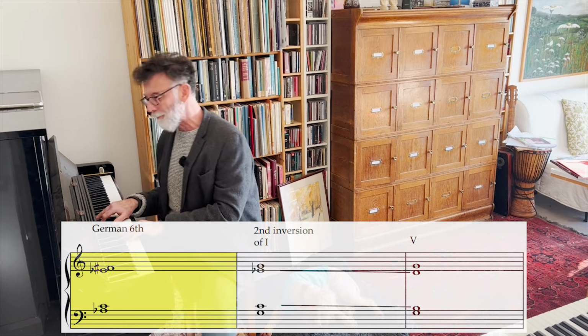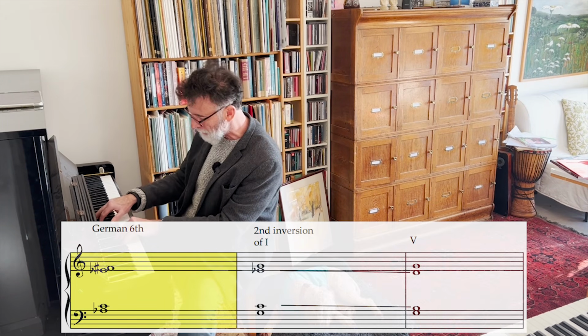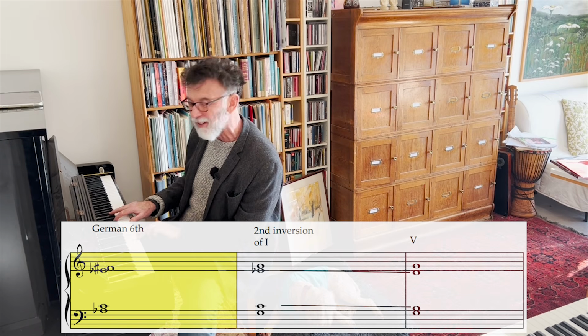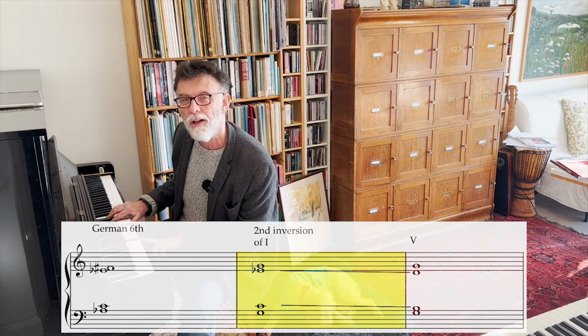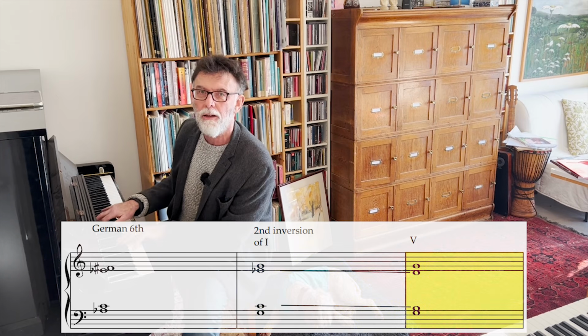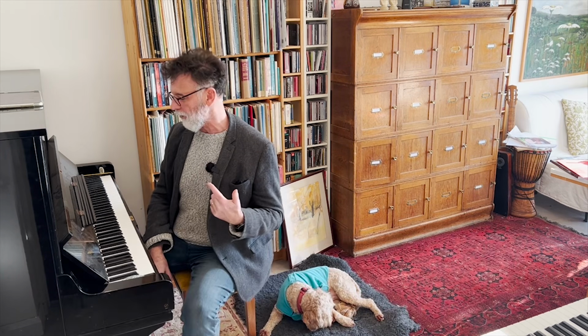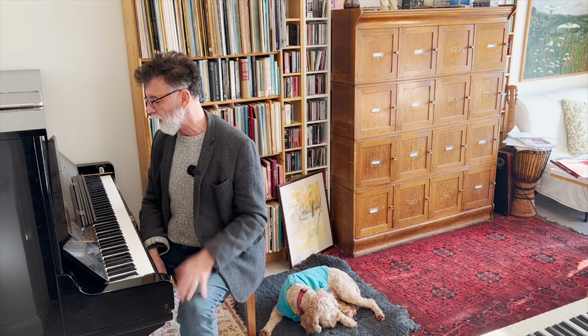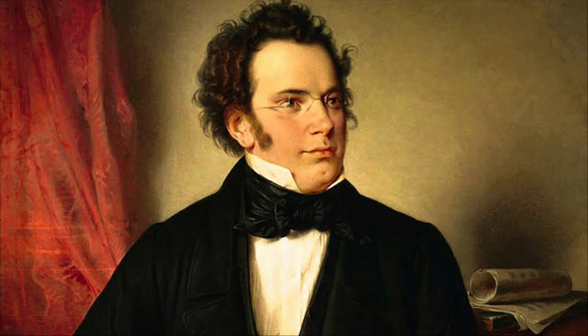So it becomes a chord. The German sixth tends to be a chord that doesn't go directly to the dominant so much as it goes to a second inversion of the tonic. And this becomes enormously useful in the late 18th century, early 19th century. A composer like Schubert uses this chord so often.